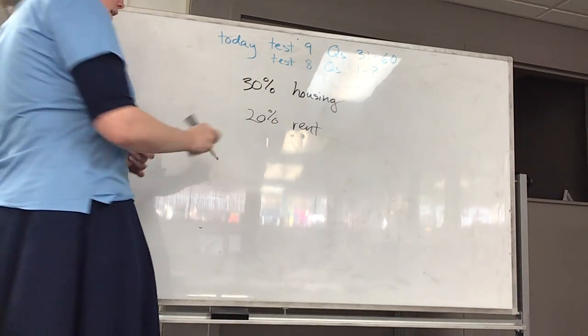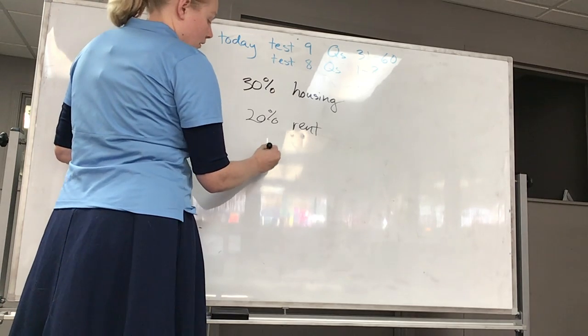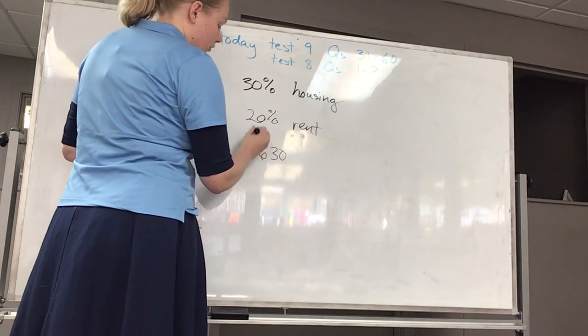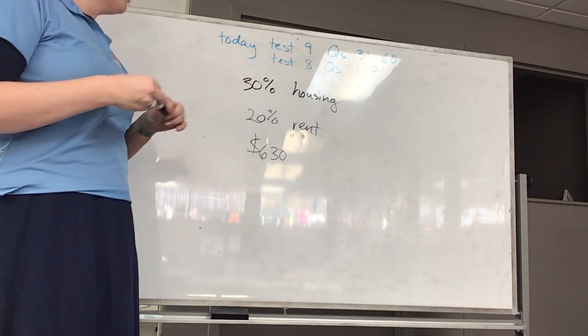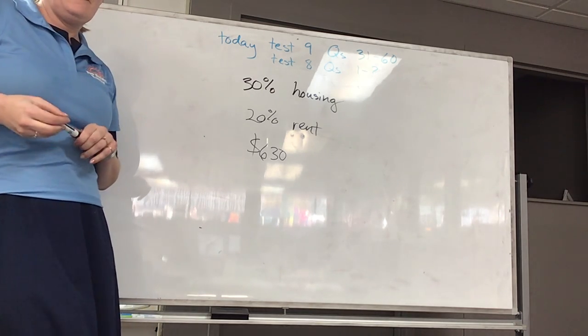Now they tell us that rent is $630. And what is the total amount of the budget?